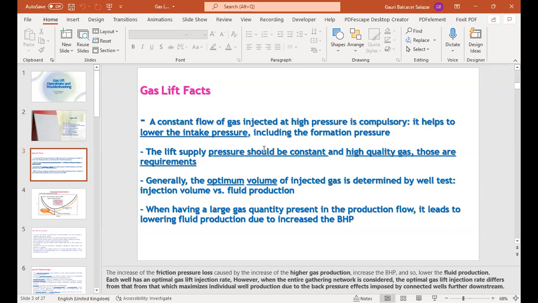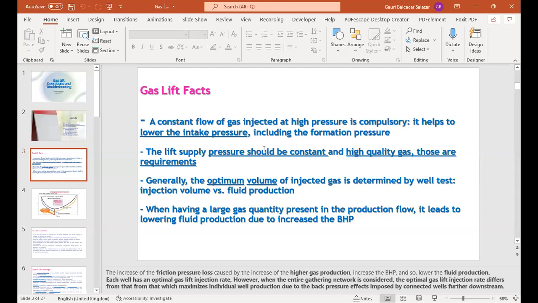It should also be at high pressure, which is the main way to lower the intake pressure, and so also the formation pressure. That's the key point in continuous gas lift, which is the one I'm talking about.